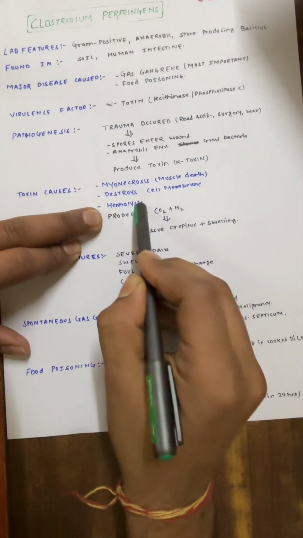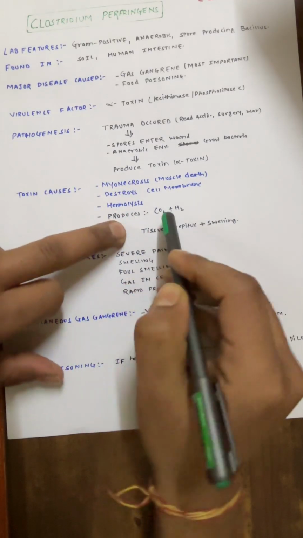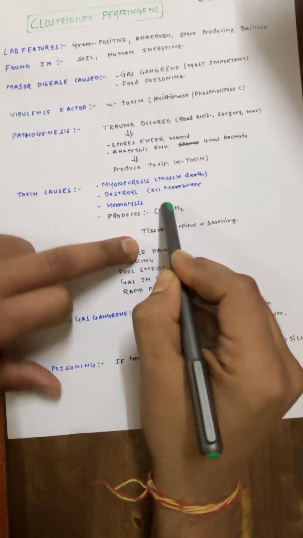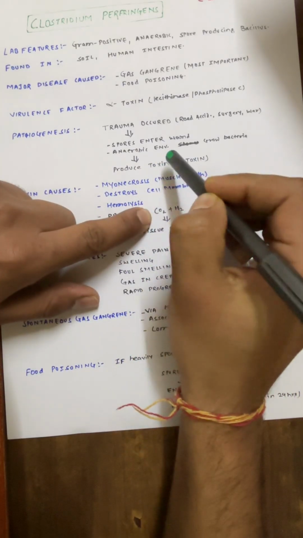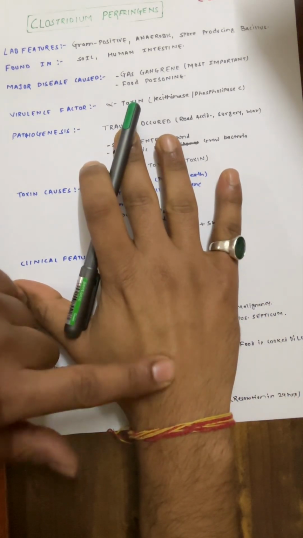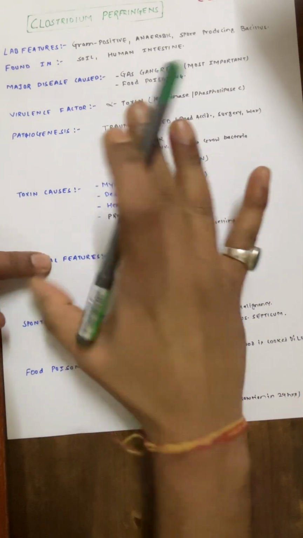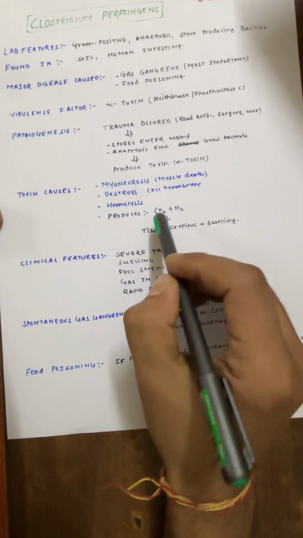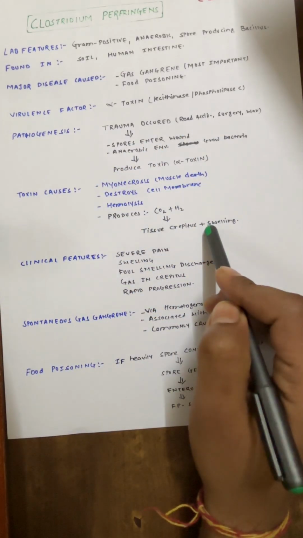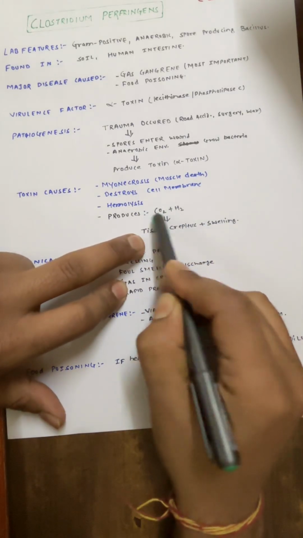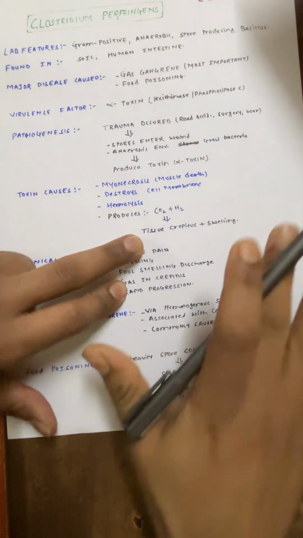It also produces carbon dioxide plus H2, and this carbon dioxide causes tissue crepitus. You'll feel a crackling sound when you press the wound area, along with swelling. Always remember that tissue crepitus is because of the carbon dioxide produced by that toxin.